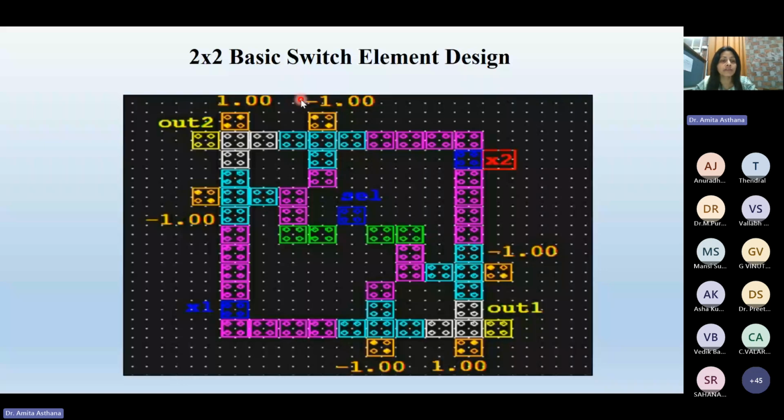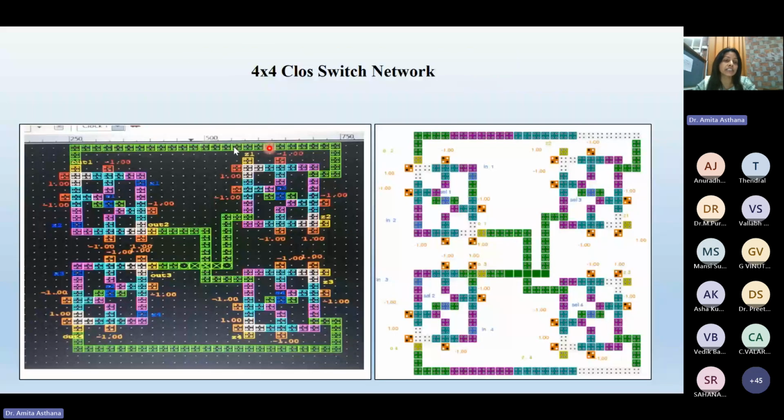In this Clos network, this is a multi-stage network. The first stage is this and the second stage is this. This particular architecture is employing four 2x2 switch elements, 2 into 2, 2 into 2, 2 into 2 and 2 into 2. That means the whole design has 4 inputs here and 4 outputs here, which makes it 4x4.